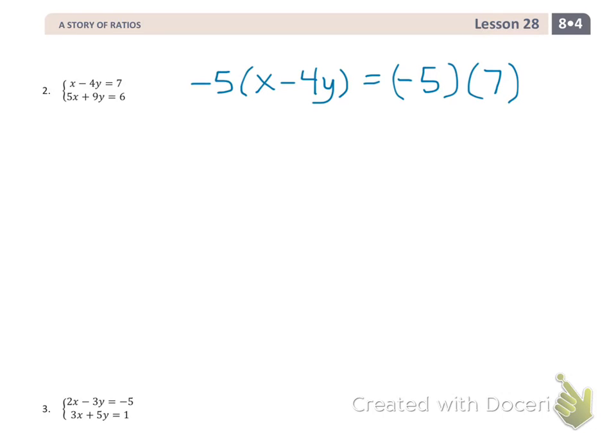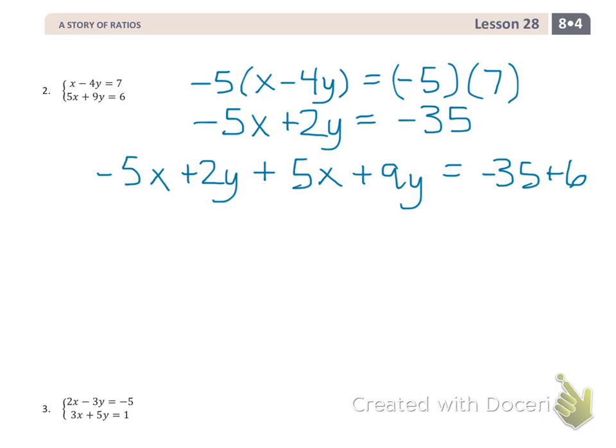And so I'll quickly show you the steps here. Okay, so after multiplying through by negative 5, that's not a 2, that should be a 20 right there, 20y. Multiplying through by negative 5, let's make sure I don't make any other mistakes here.